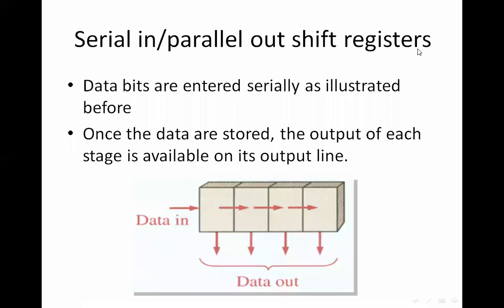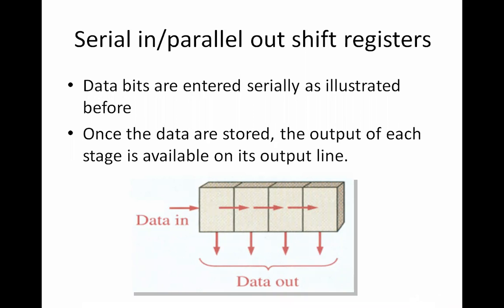So the next one now, serial in, parallel out. Data bits enter serially. Once all the bits are available here, after 4 clock pulses, in this case 1, 2, 3, 4, then I will extract the data.